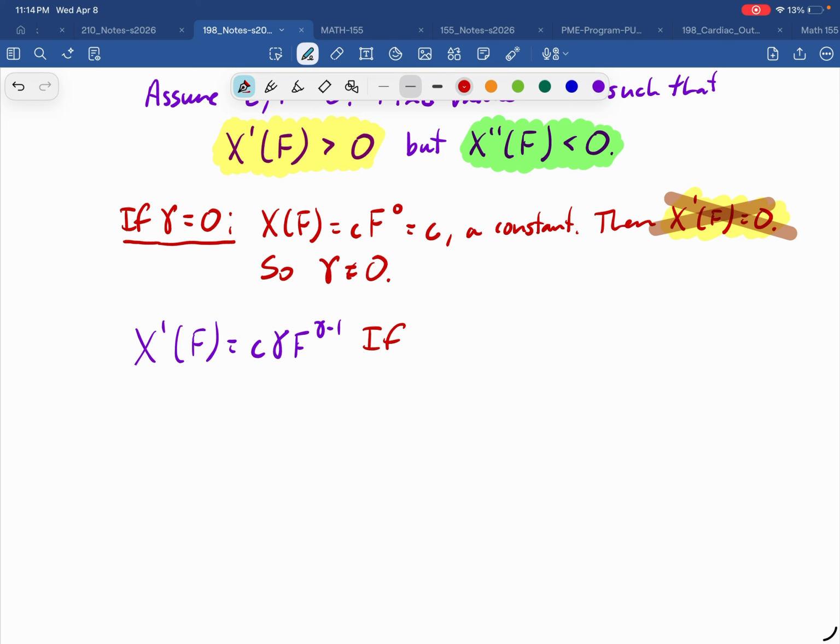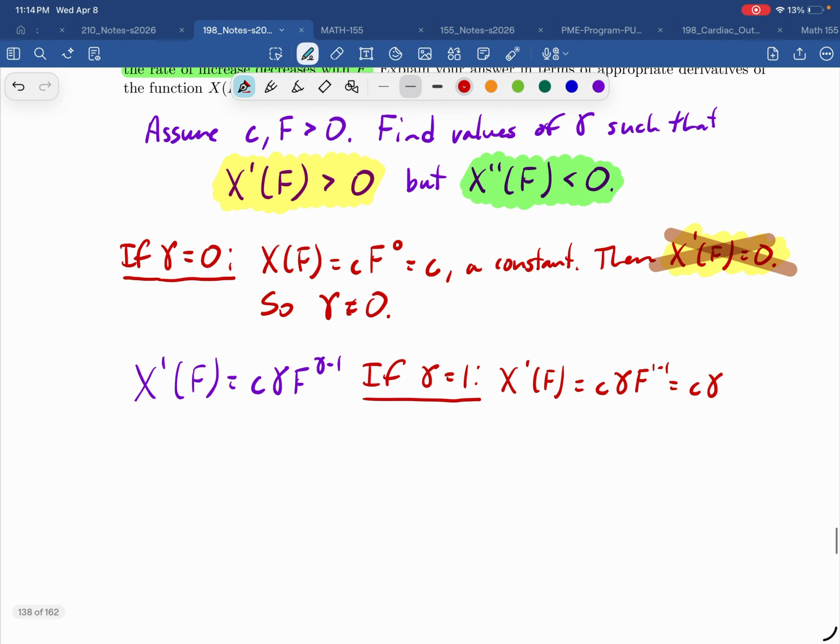if gamma equals 1, well, then what's going to happen here? Then X prime of F is going to equal C gamma F to the 1 minus 1, which equals C gamma. And that actually is greater than 0. So actually that could be okay.